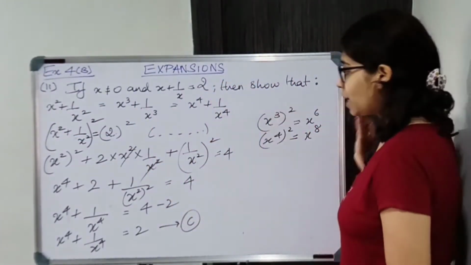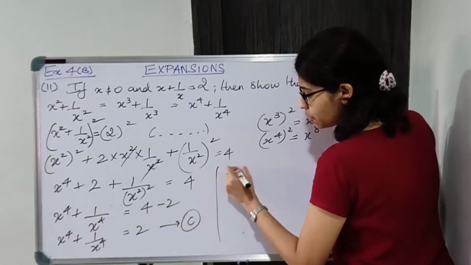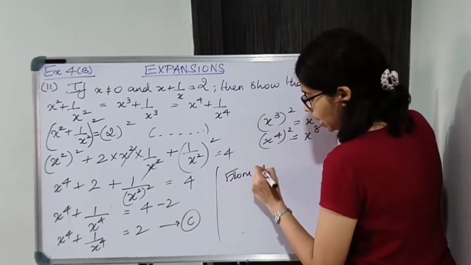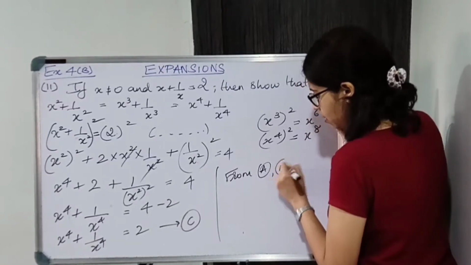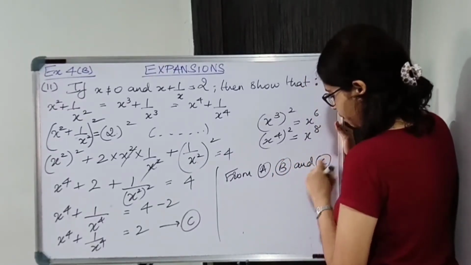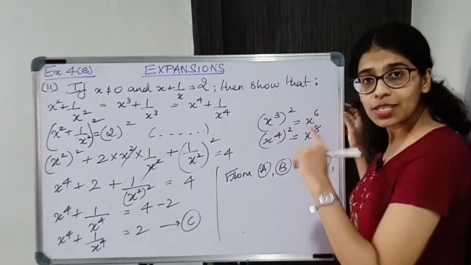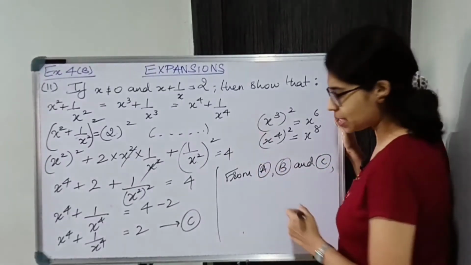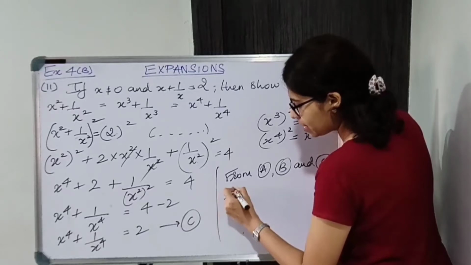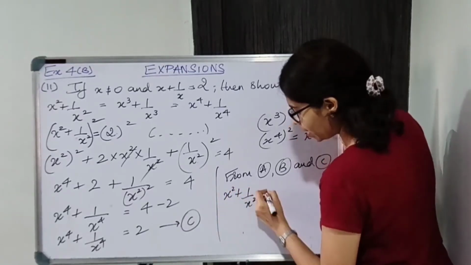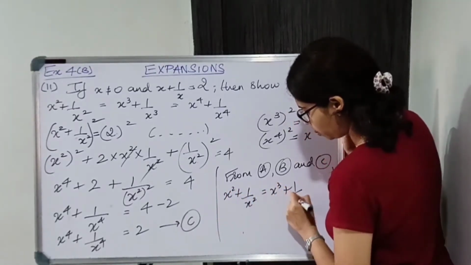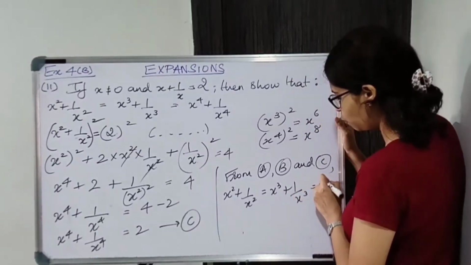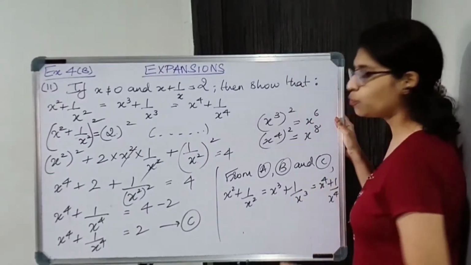You just need to write down after this from A, B and C, RHS is same. सबका RHS 2 है, so सबका LHS भी same होगा. So x square plus 1 upon x square is equal to x cube plus 1 upon x cube is equal to x raised to 4 plus 1 upon x raised to 4.